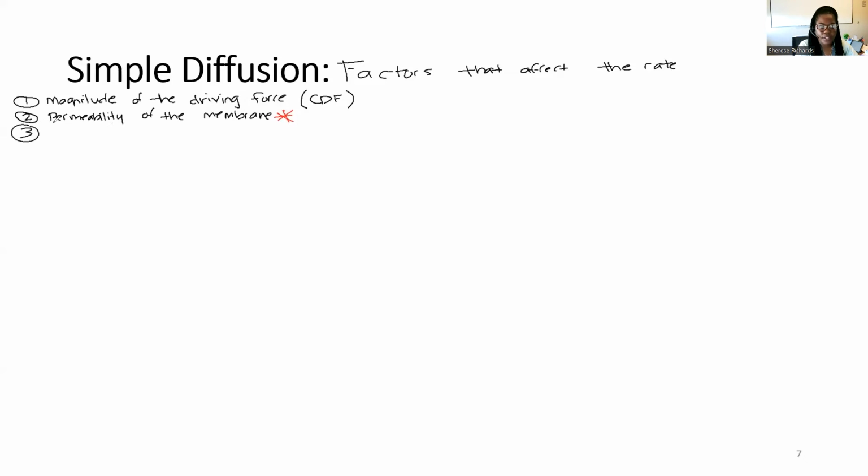The third factor is going to be the surface area available for exchange. Sorry, my pen is kind of skipping lines here, so some of these T's may be missing their cross portion. So surface area available for exchange.